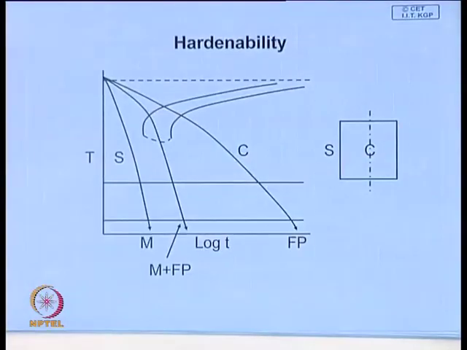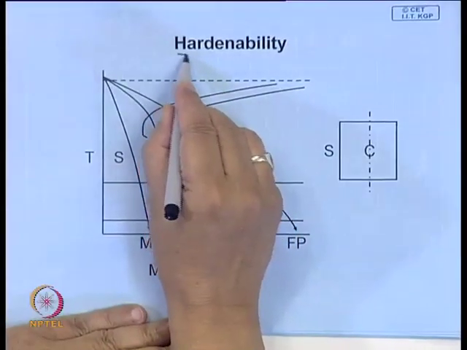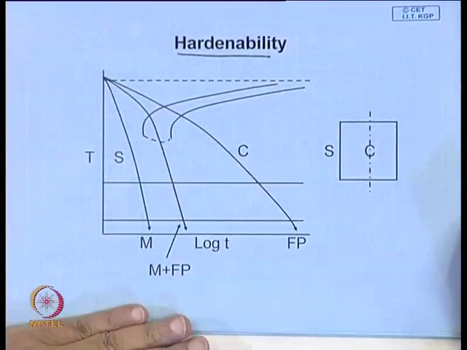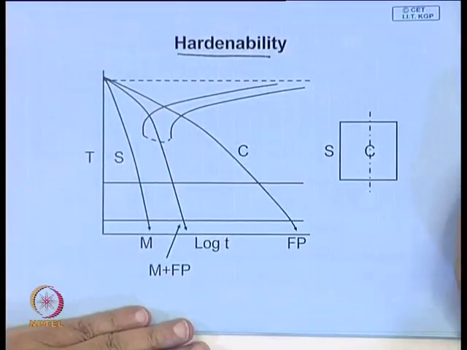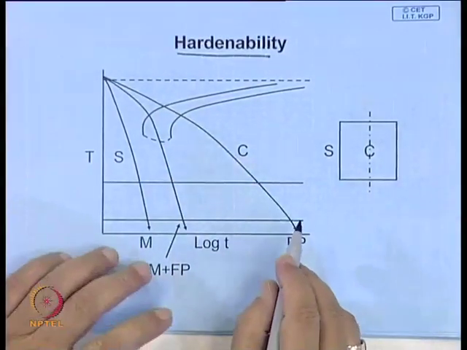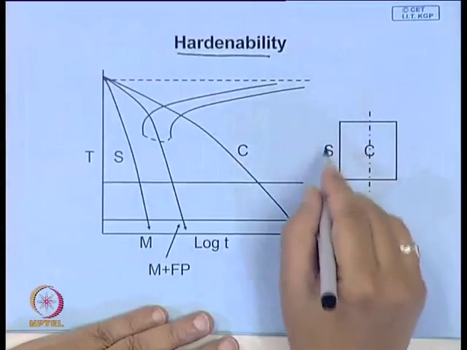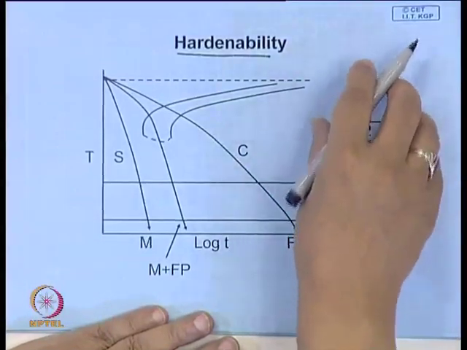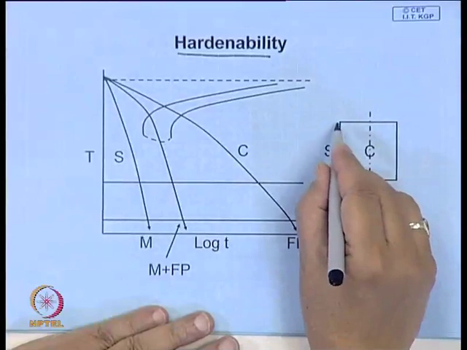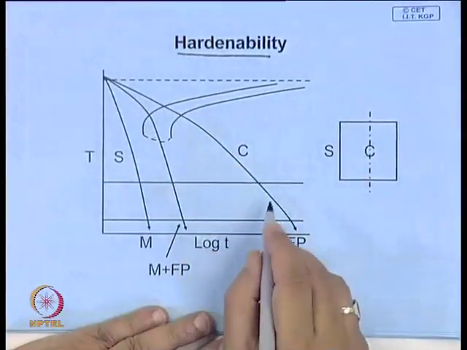Now, let us try and understand a term we mentioned called hardenability. What does it mean? We just mentioned that when you quench a job, even if you quench in water, it is the surface which will cool very fast.